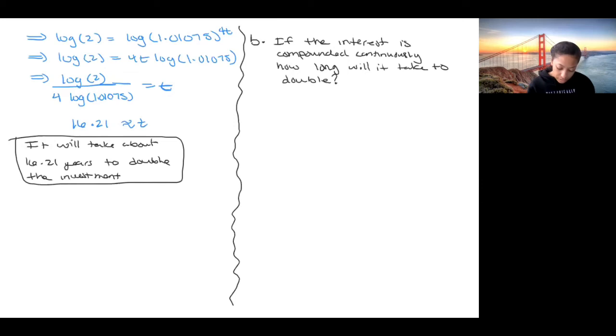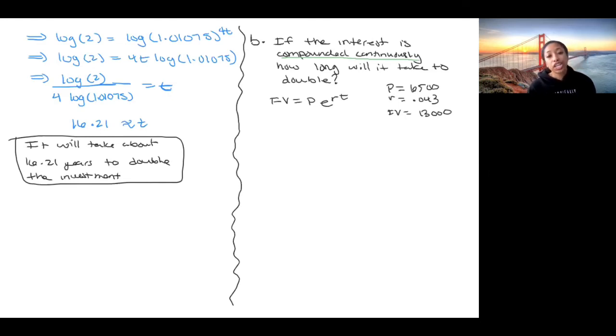All right, when we see compounded continuously, we should remember that we have a different formula for that. The formula for continuous compounding interest is future value equals P times e to the rt. Okay, and in this case, P is 6,500 still, R is still 0.043, T is what we're trying to find, but we do know that the future value will still be 13,000.